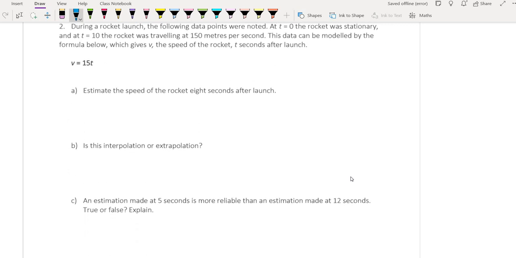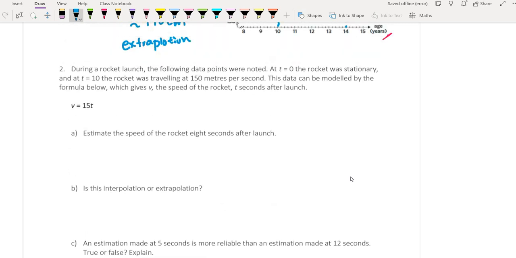All right, this next example here, we're shooting a rocket, and when time was 0, so at the very start, it was obviously stationary, and then after 10 seconds, the rocket was traveling at 150 meters per second. And this data can be modeled by this equation.